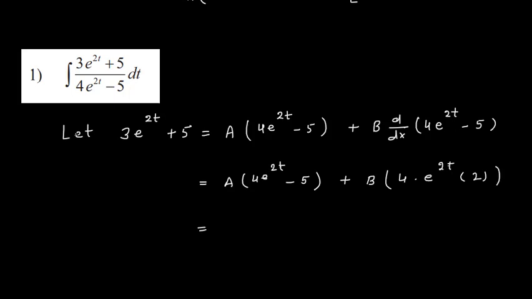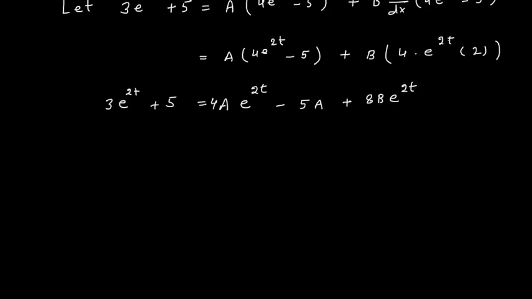So this is (4a e^(2t) minus 5a) plus 8b into e^(2t), and on the left side we have 3 e^(2t) plus 5.